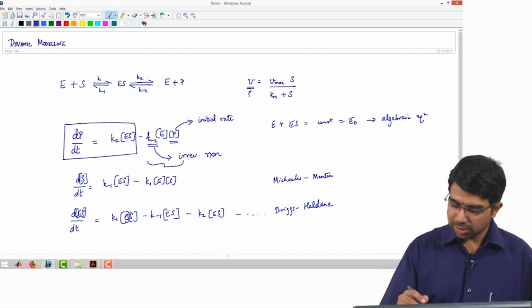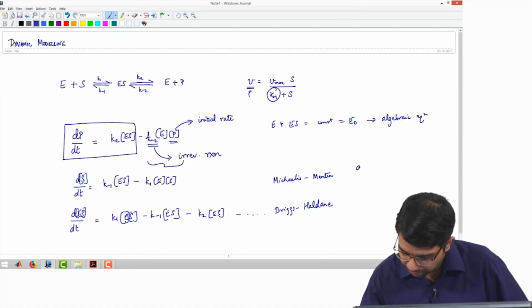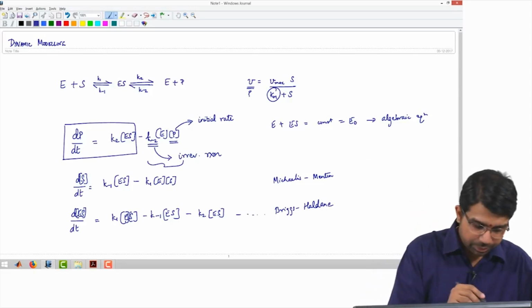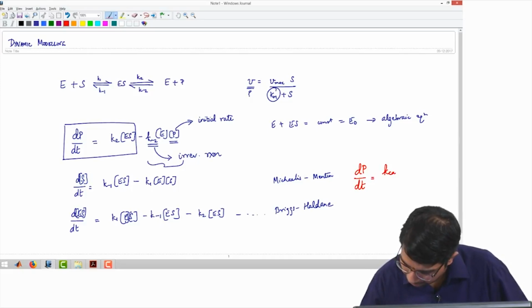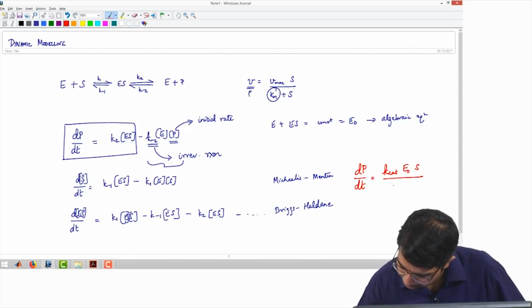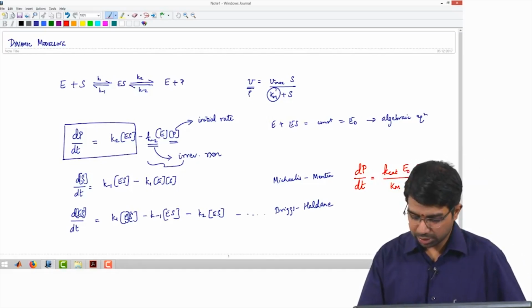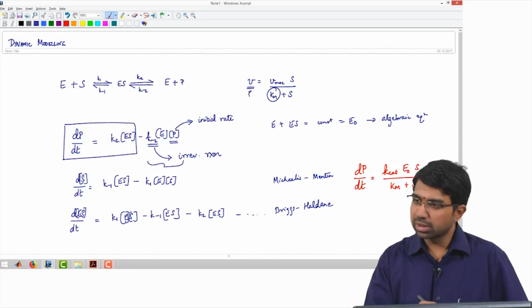Based on this you get different values of Km essentially, but the equation remains as dP by dt is K cat into E naught into S by Km plus S. So, K cat is going to be involved in these terms, right.